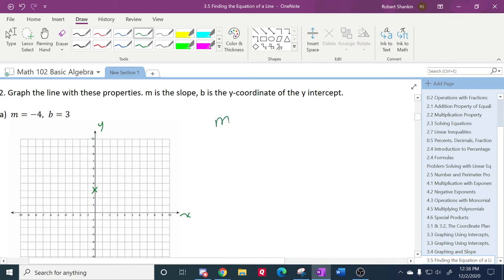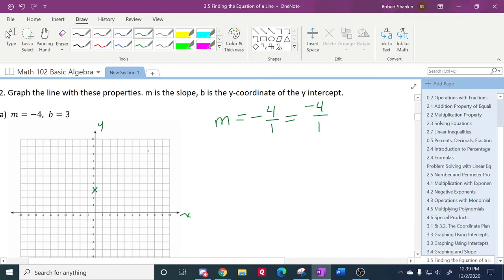Now when I make the slope, you cannot do it like this. This is how we make a fraction out of 4. Anything is itself over 1. But I don't want that negative sign level with the fraction bar. I want that negative sign with one or the other number. Now I could have put it with the bottom number or the top number.